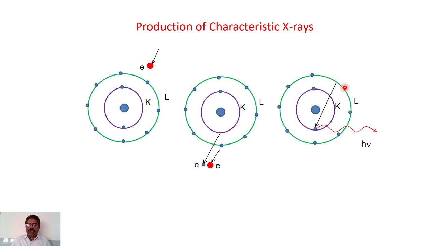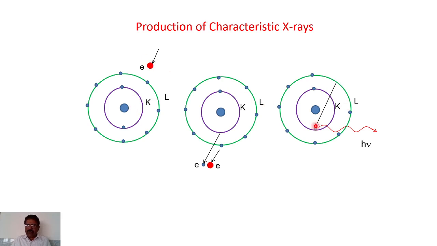You can see here, for example, the outer shell, L shell. Suppose this electron has performed a transition from L shell to K shell to occupy this vacant position, which was made available because of the highly energetic external electron striking the target atom.